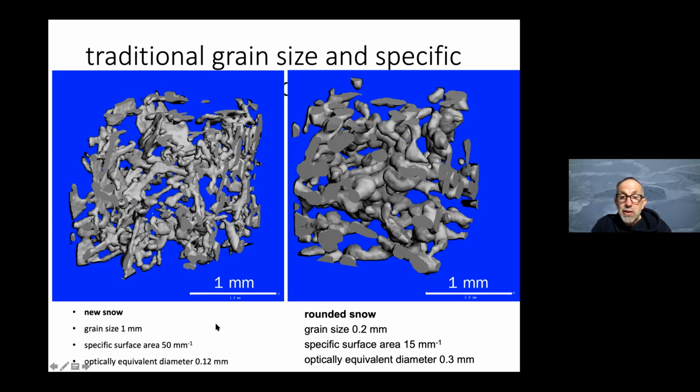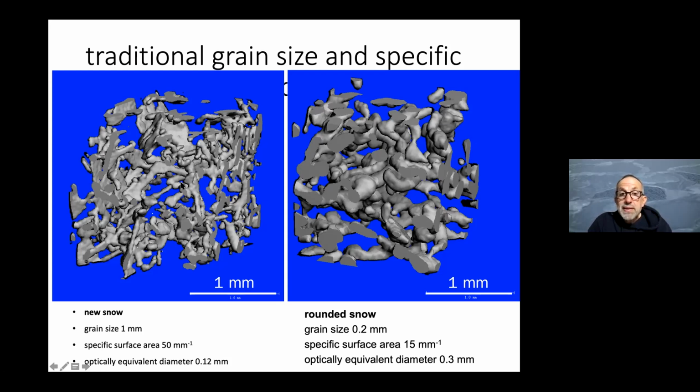But what's important for the optical properties is the specific surface area, or the optically equivalent diameter. And here this measure is completely different. For the decomposed snow, the optical equivalent diameter is 0.12 millimeter, and it's almost 3 times larger for the rounded snow.